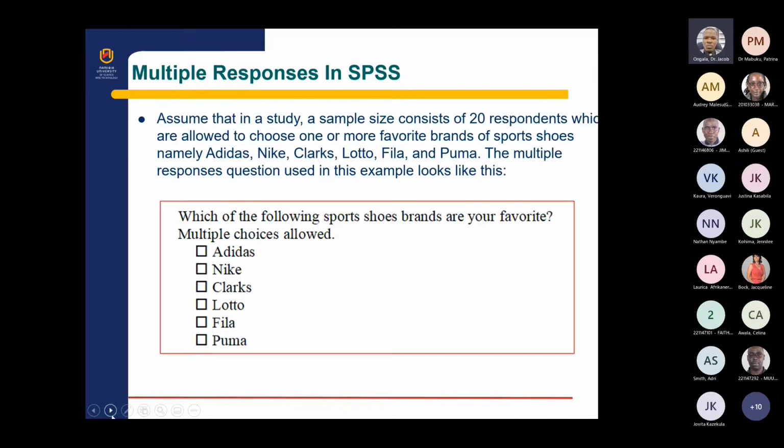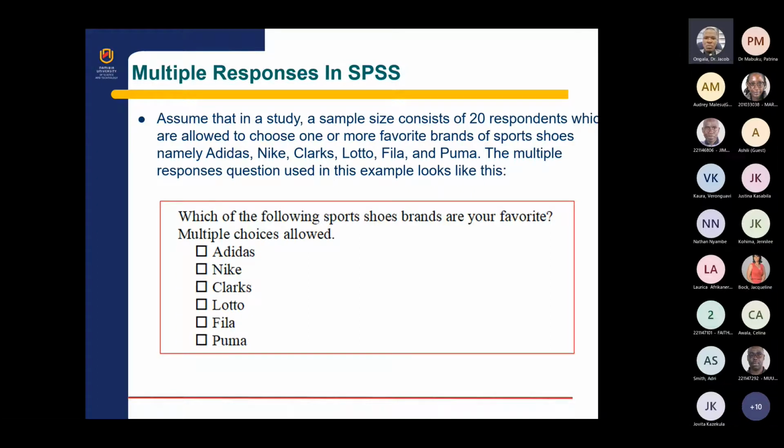Okay, so what is multiple response in SPSS? In some situations, whenever you are designing your questionnaire, you might end up having questions that require a respondent to give 2 or 3 answers.